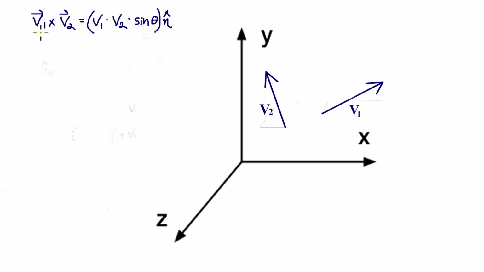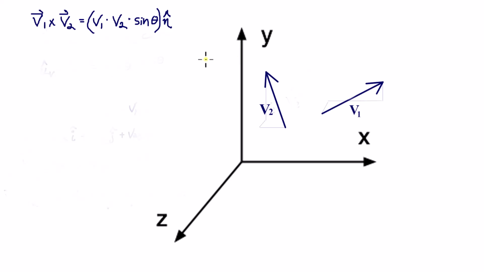Also, if you do V2 cross V1, it's not equal to V1 cross V2. It's close. It's equal, but it's opposite in direction. So V1 cross V2 is the same vector, but times minus 1. So it's the opposite direction.